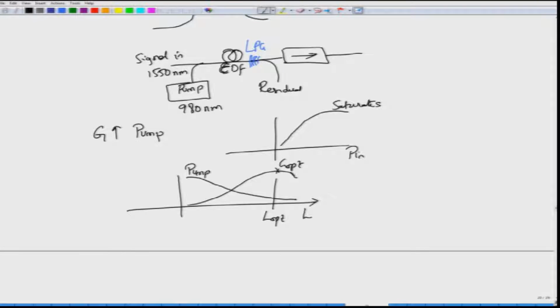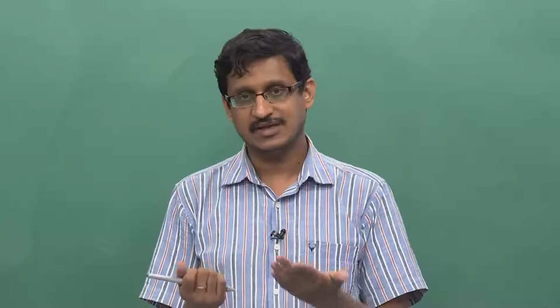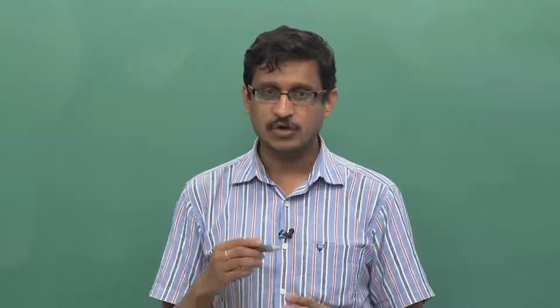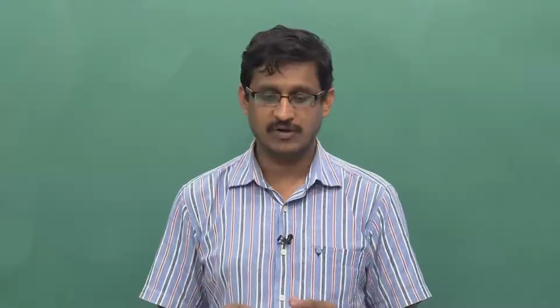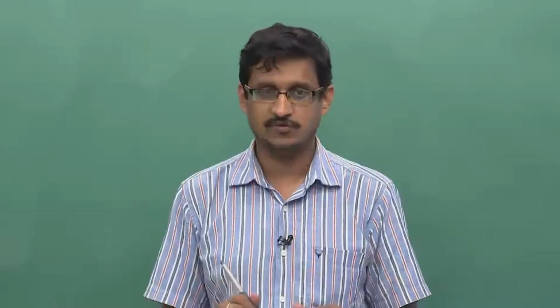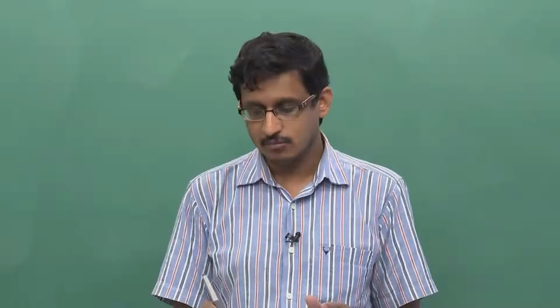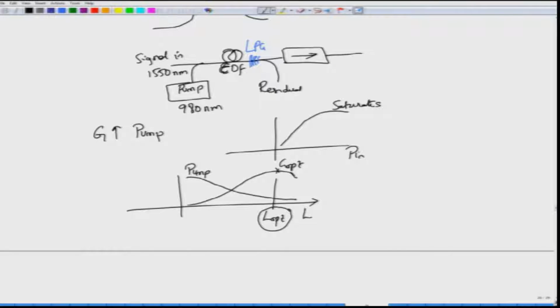As the pump power decreases, there is not sufficient population inversion, which means that the gain starts to drop. So when you are creating a commercial erbium doped fiber amplifier or utilizing the erbium doped fiber for any purpose, it is recommended that you work with the optimum length. At the optimum length, the gain of the fiber amplifier is maximum.